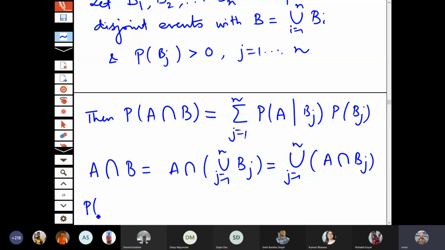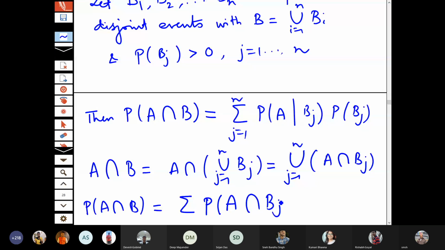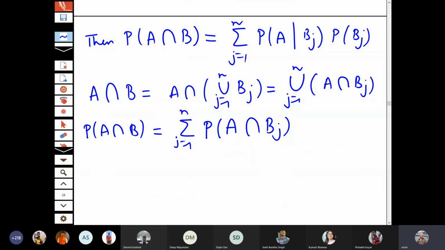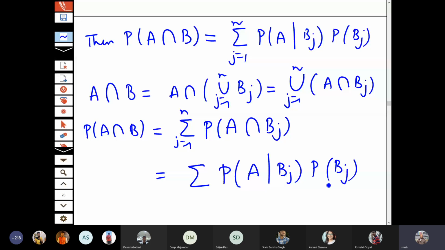So probability of A intersection B is the probability of this union. It will become simply the sum of probabilities. And on each of these terms I apply the multiplication rule, so it is written as probability of A given Bj into probability of Bj.